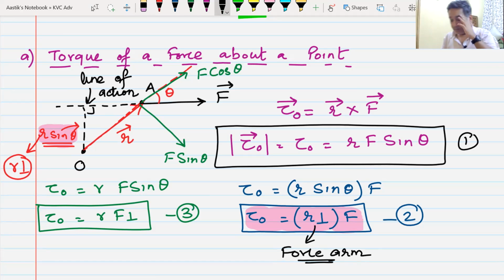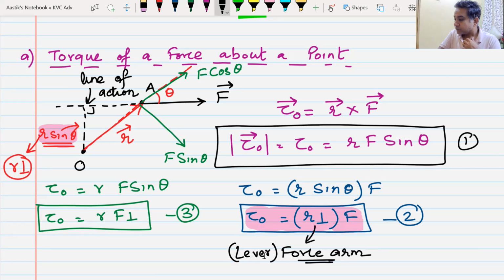So this is what torque of a force about a point is. If you don't want to call it the force arm, you can also call it the lever arm. Torque of a force about a point. Do we understand this? Yes or no?